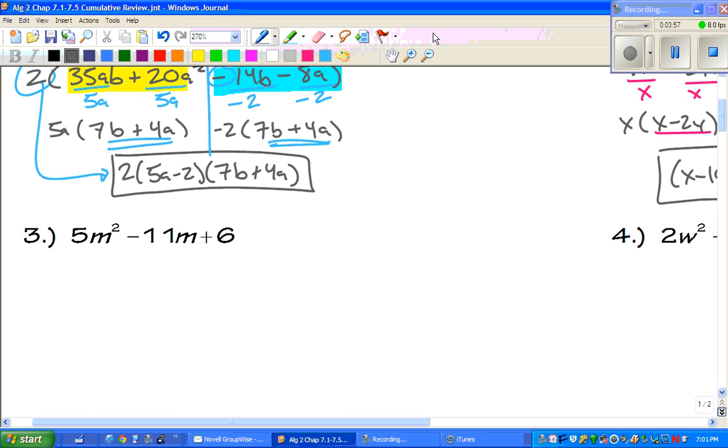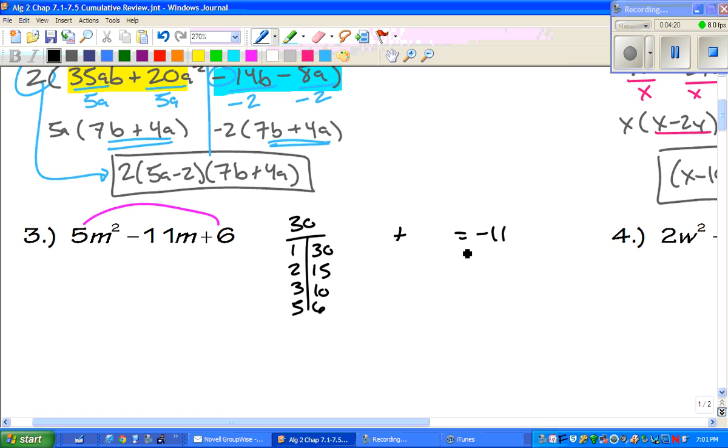All right, number 3. Is there a GCF? No. Okay, so we're going to do the same thing as before. You multiply the 5 and the 6 to get 30. You get 1 and 30, 2 and 15, 3 and 10, 5 and 6.